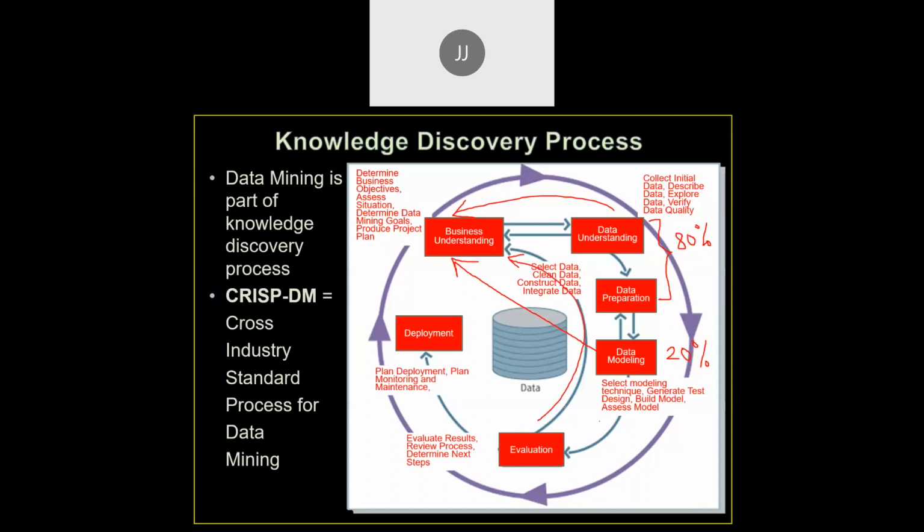But if we are satisfied with the result, then we can deploy our application. So the whole process is called knowledge discovery. And we know that one part of the process here is called data modeling or data mining, which is machine learning. Okay, so that is the whole picture of knowledge discovery.